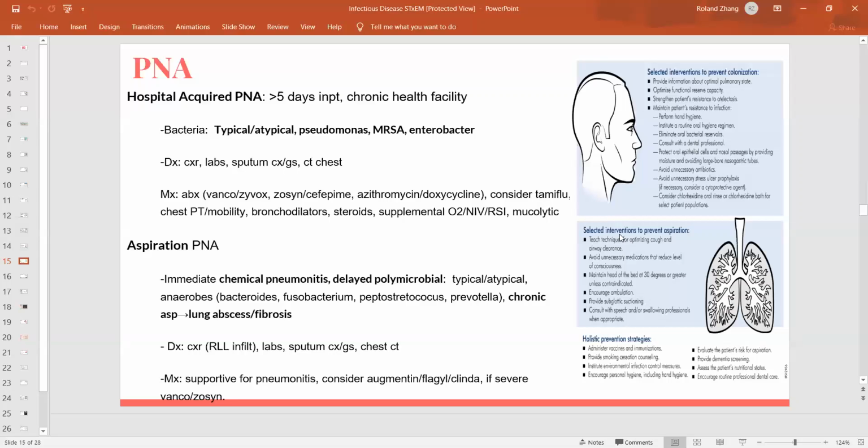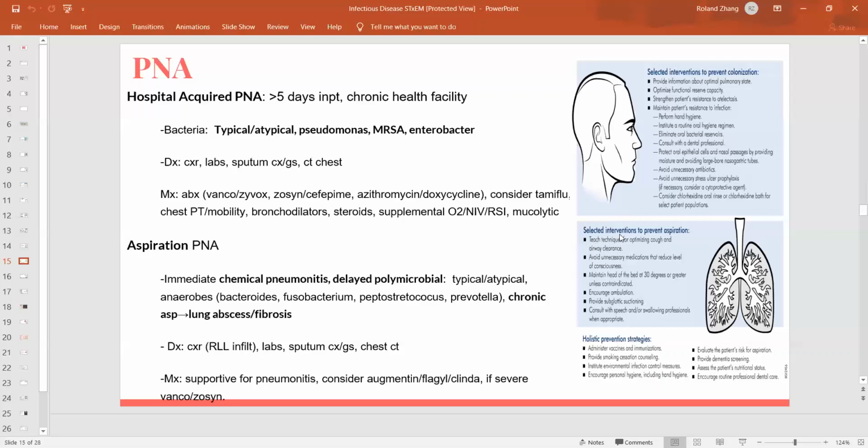So aspiration pneumonia is pretty common, especially in your elderly and your alcoholic. Immediately there's a chemical pneumonitis, but eventually there will be a polymicrobial infection, usually anaerobic from the GI tract. So generally with aspiration pneumonia, you look at the patient.